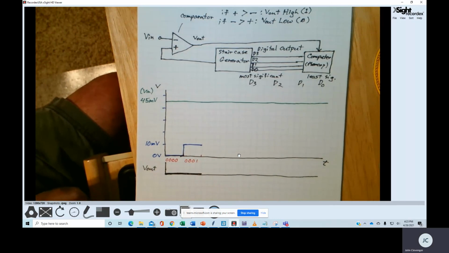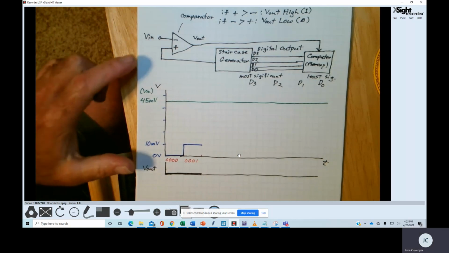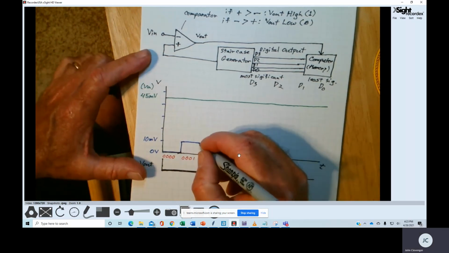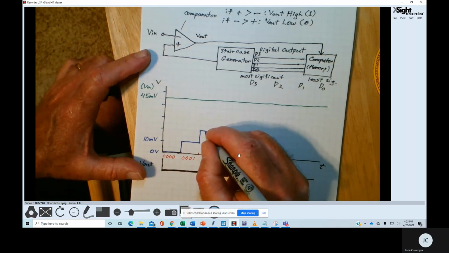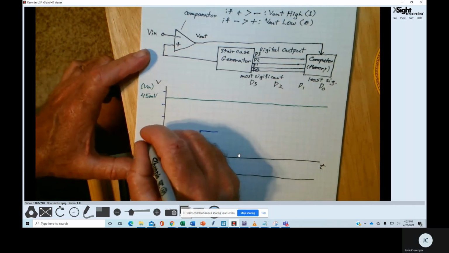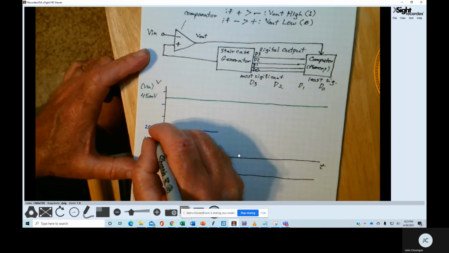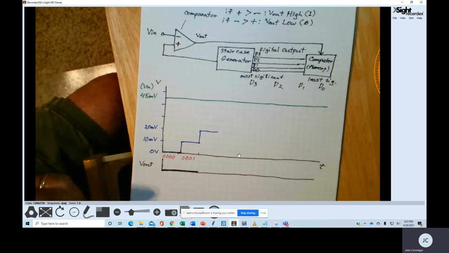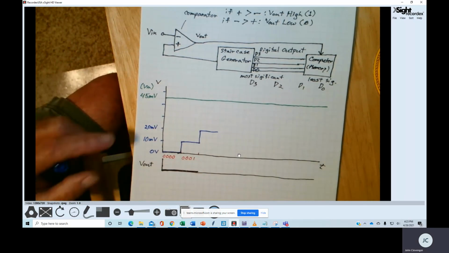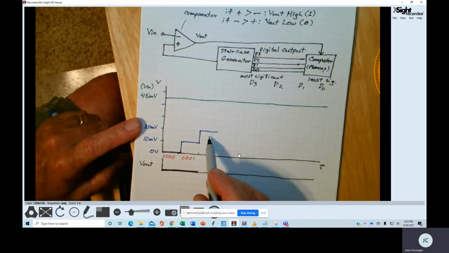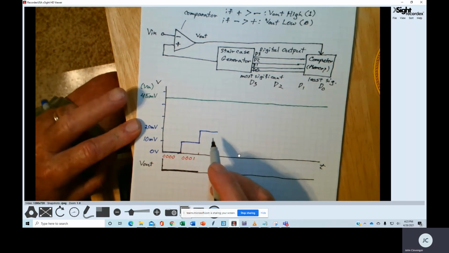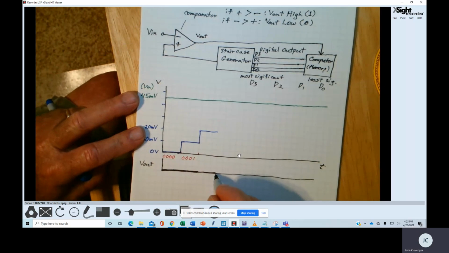Now, after some period of time, the staircase generator will output 20 millivolts. And of course, we can see that Vn, the inverting input, is still greater than the non-inverting input, so the output of the comparator will still be low.